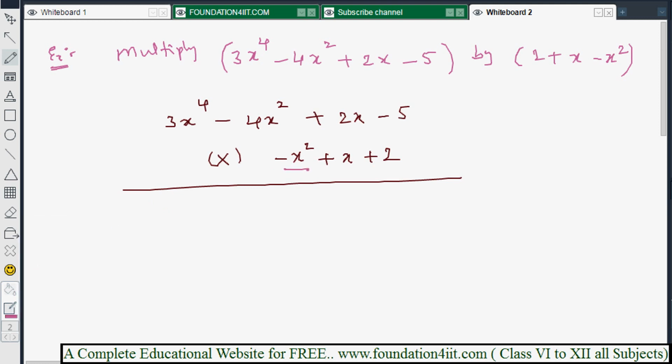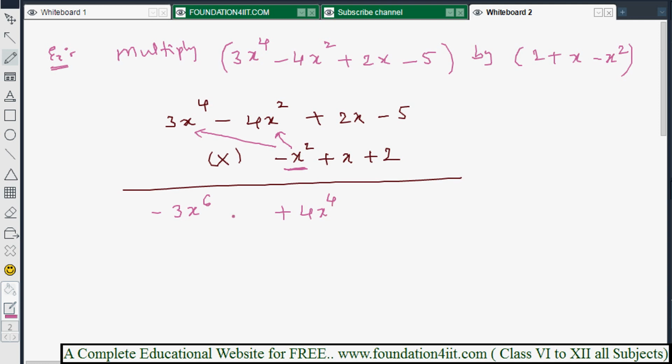Now take this, I am writing the symbol in this color, minus x square, multiply each and everything. So minus x square into 3x power 4 is minus 3x to the power 6. Okay. Now this one into the second. There is no x power 5, so give a little gap. Minus into minus is plus, x square into 4x square is 4x to the power 4.